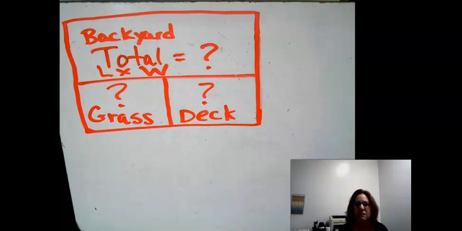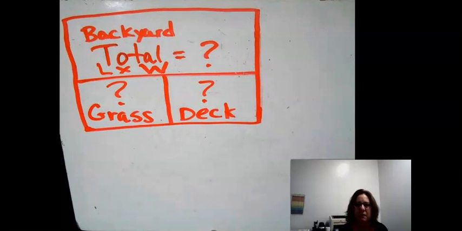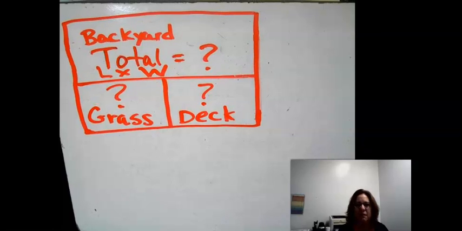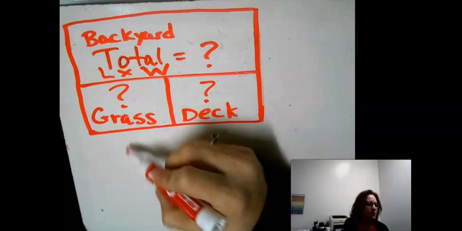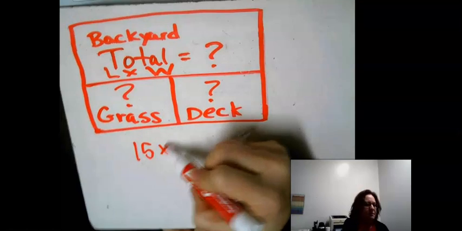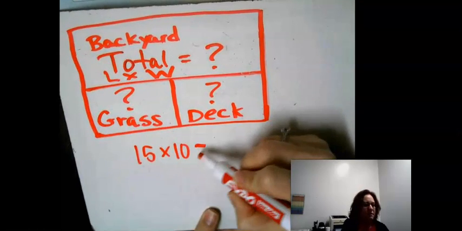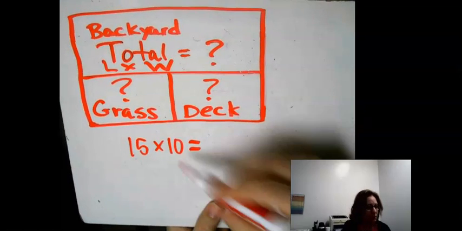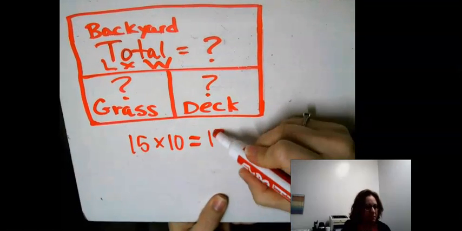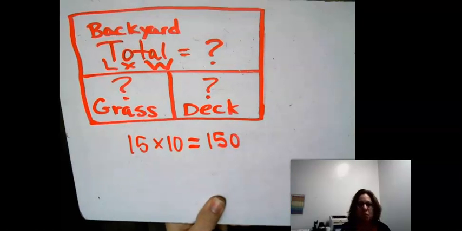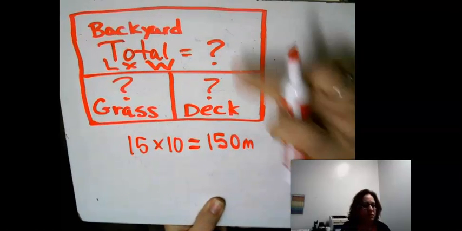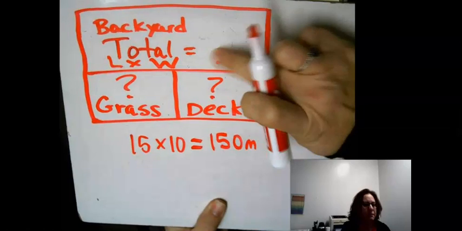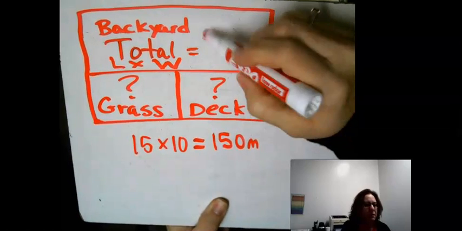They told us the length was 15 and the width was 10 meters, right? So 15 times 10 meters. That's going to give us the entire backyard. What's 15 times 10? Right, 150 meters. So this is our total here, 150 meters.